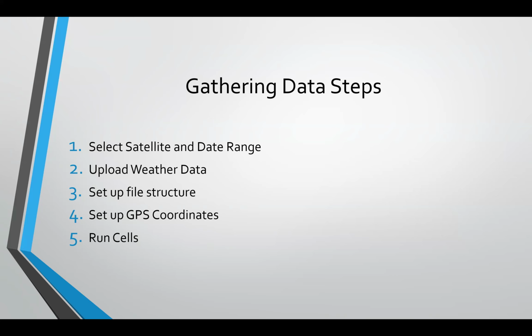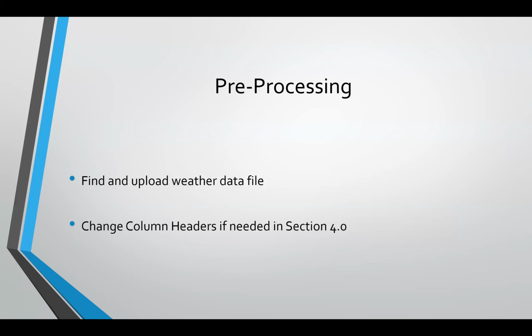I selected a weather station that was close to there to find the weather data. You have to upload the weather data and then upload a file structure for the outputs. Within the code, I made comments and everything so that it's very easy to figure out what's going on, so that anyone could use it for any location. And then, of course, you need to set up your GPS location and then finally run the code.